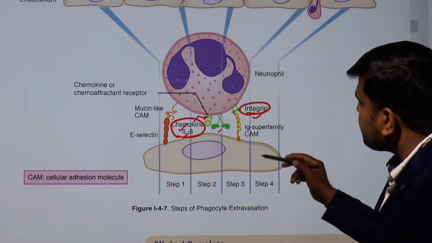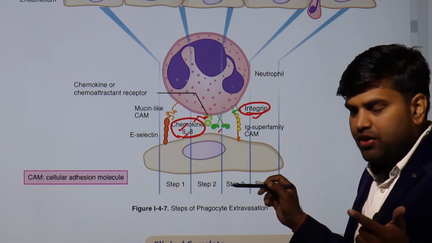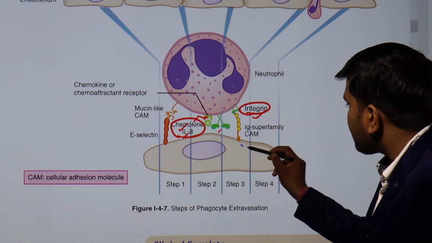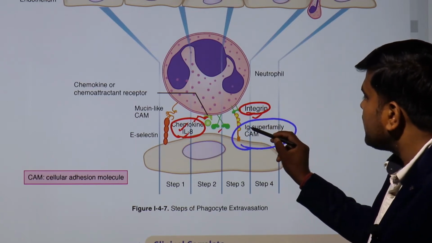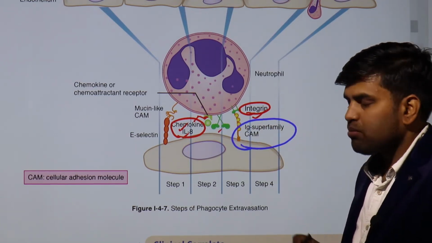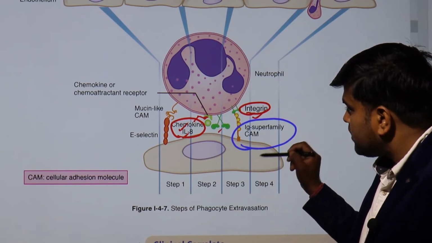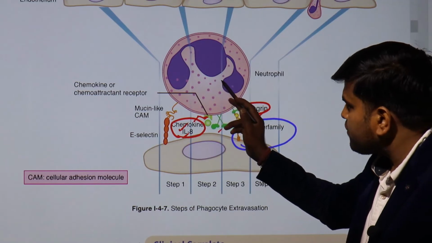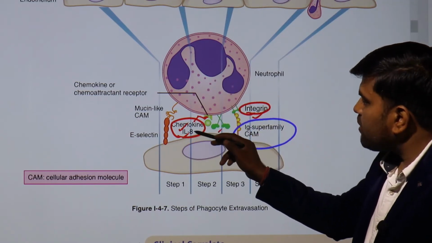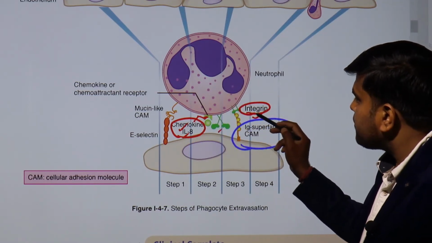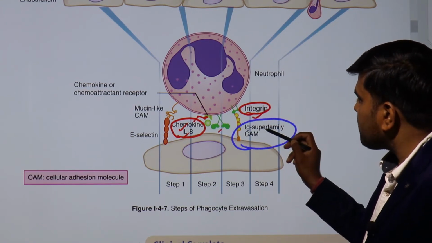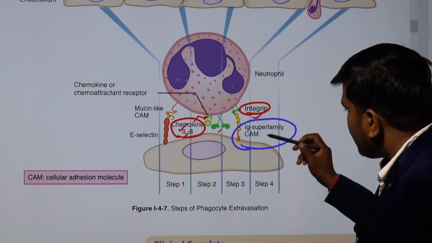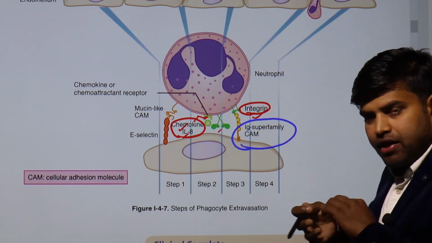Due to the release of interleukin 1 and TNF alpha from the macrophages, there will also be upregulation of ICAM, the immunoglobulin superfamily cell adhesion molecule, on the endothelial cell. Initially there was E-selectin on the endothelial cell and the mucin-like CAM on the neutrophil. Now the chemokines have upregulated the integrins, and there is also upregulation of ICAM on the endothelial cell. So what is happening now? This integrin and ICAM will bind tightly.